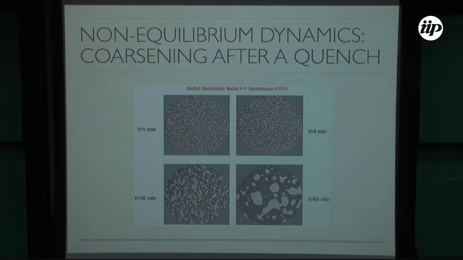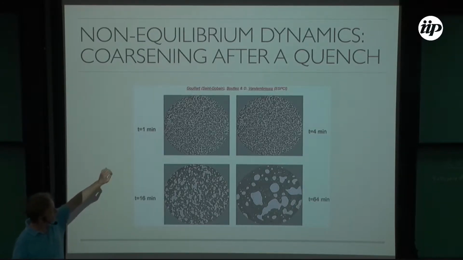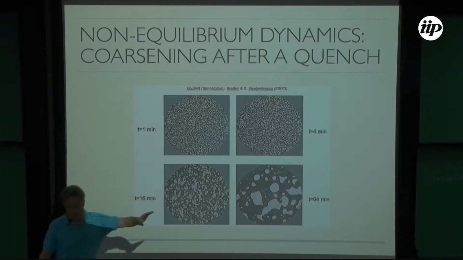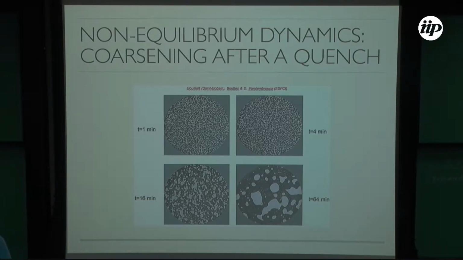And the way they do it, so this is an experiment on a binary fluid, is by creating domains of the 2 phases, water and oil, or spins up and spins down. And then as time goes on, these domains grow or coarsen, and this process in an infinite system remains forever.